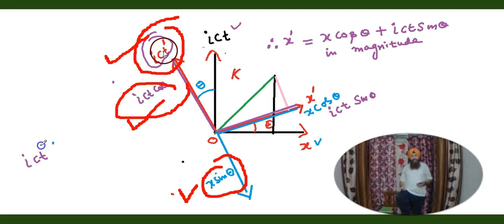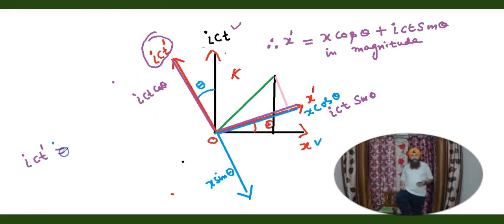So ICT dash becomes minus x sin theta, because it is along the negative direction, plus ICT cos theta.